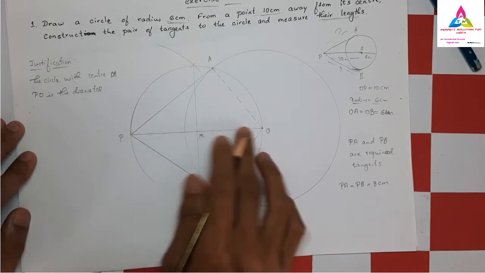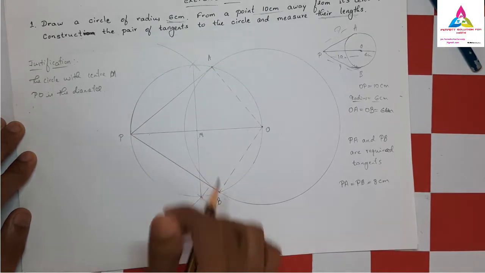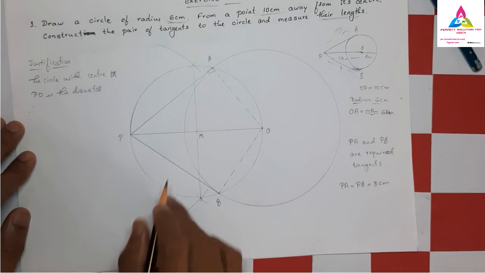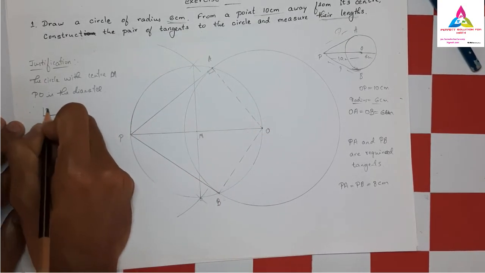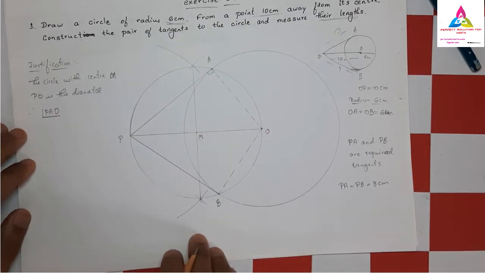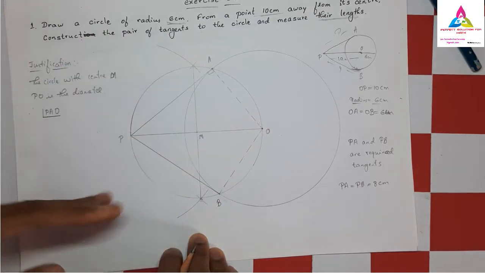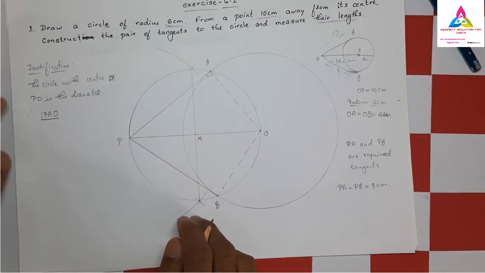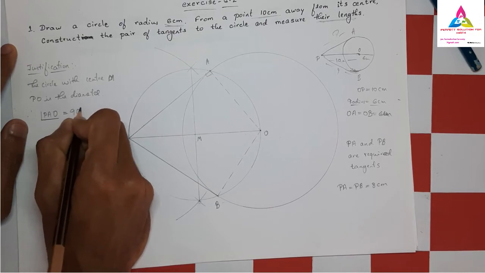Therefore, you can see on the diameter we have one angle, that angle is A. What is the angle PAO? It is on the diameter, so it is a semicircle. What will that angle A measurement be? 90 degree.